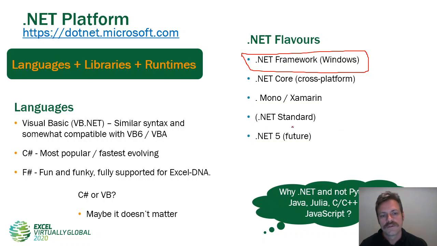There is also something called .NET Standard, which is a way of making libraries that target all the different runtimes. And then the future is going to be .NET 5, which is the next version of .NET Core, but incorporates nearly all the functionality from the .NET Framework. That will be released around November 2020, and it will be the future stream of .NET.